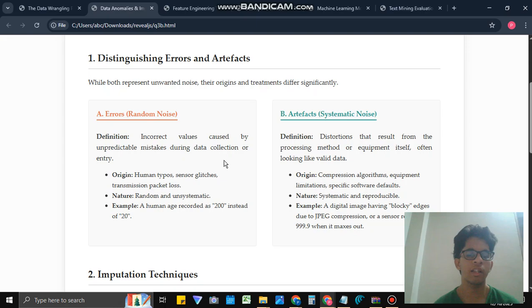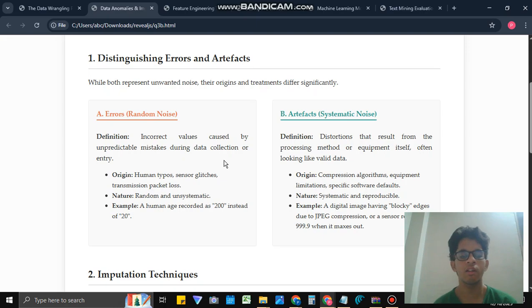Examples can be human typos, sensor glitches, transmission packet loss. Artifacts are systematic noise, distortions that result from the processing method or equipment itself. These often look like valid data. Their origin can be compression algorithms, equipment limitations, specific software defaults.